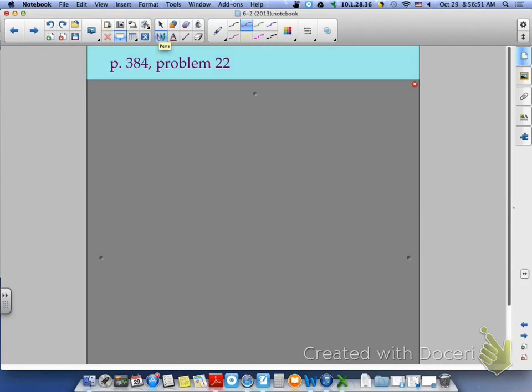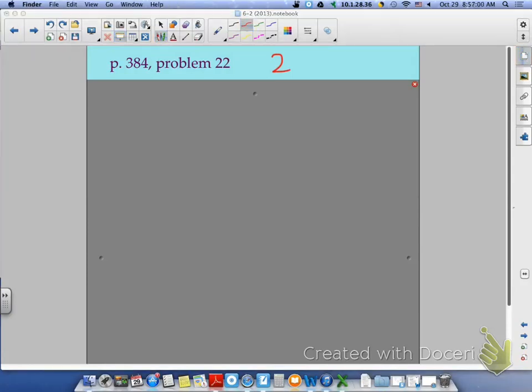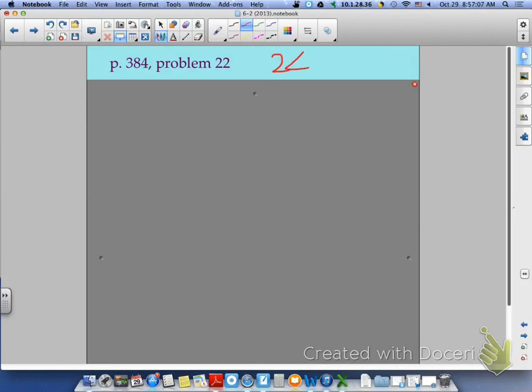So the total acreage is 240 acres. This year he wants to plant 80 more acres of sunflowers than of flax.